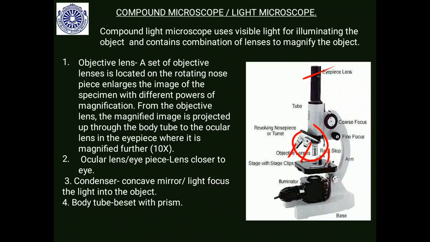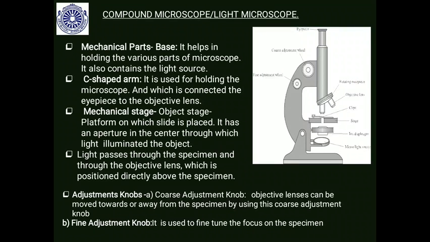Ocular is the eyepiece. Then there is a condenser, which focuses the light on the object. So there is a body tube. This is called the body tube. What are the mechanical parts? One is the base, then there is a C-shaped arm you will find, then there is a stage where you keep the slide, and light passes through the specimen.